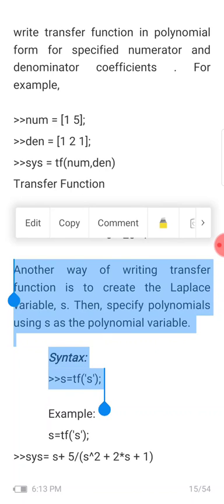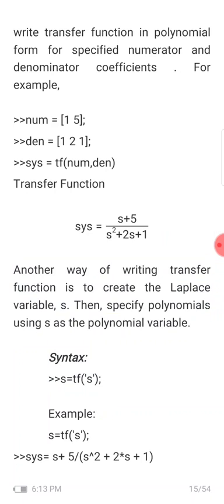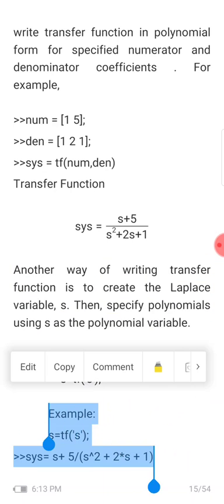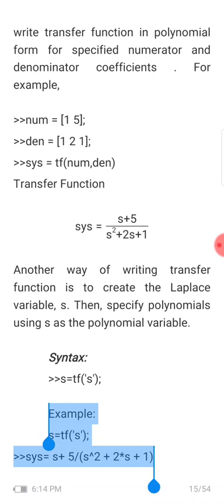See here, s equal to tf within parenthesis within apostrophe s is written, and with the help of this we can write the transfer function. So see here this example. In this example you can see here s equal to tf within parenthesis within apostrophe s is written, and then system is written in terms of s. So with the help of this the transfer function can be written directly.